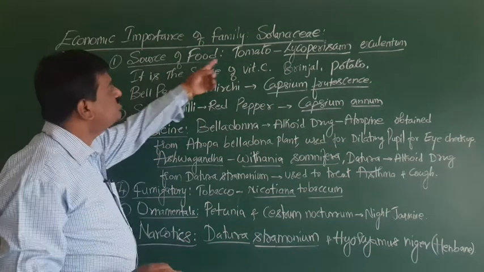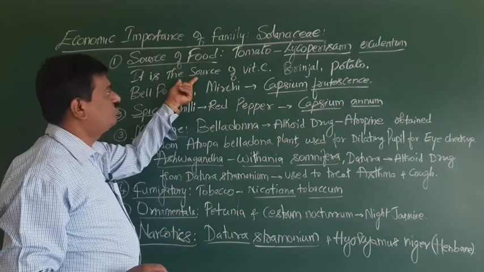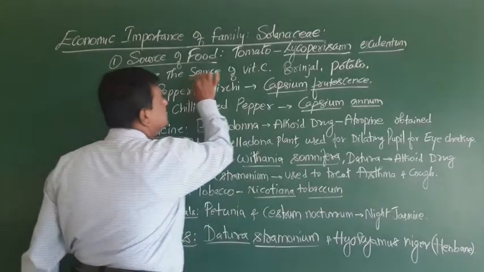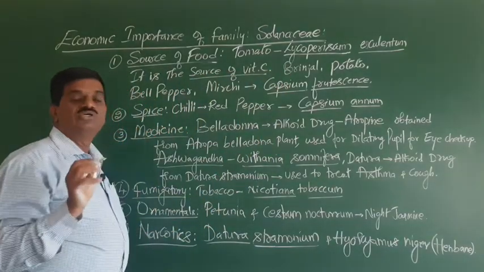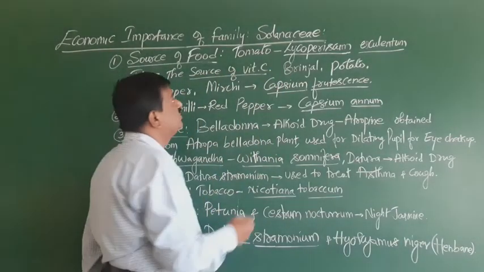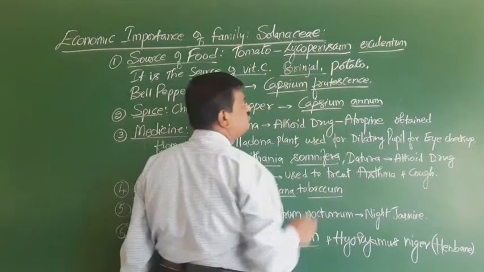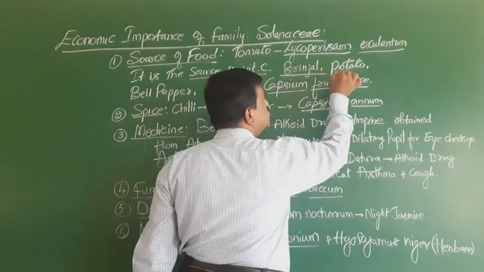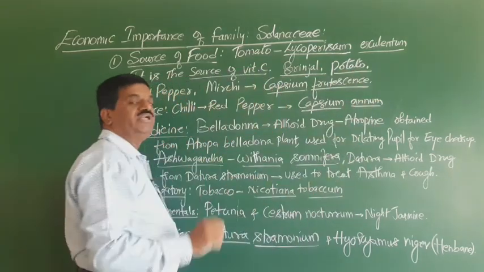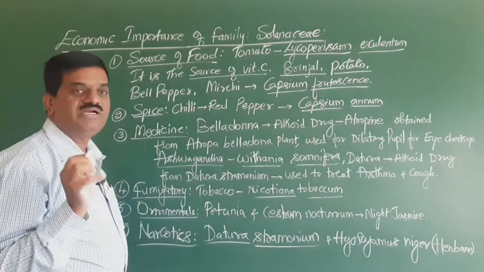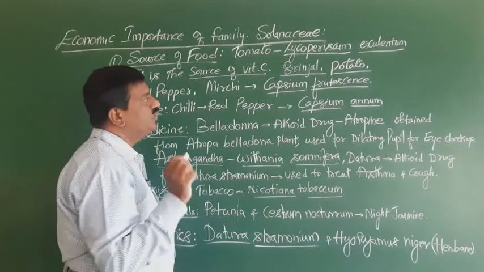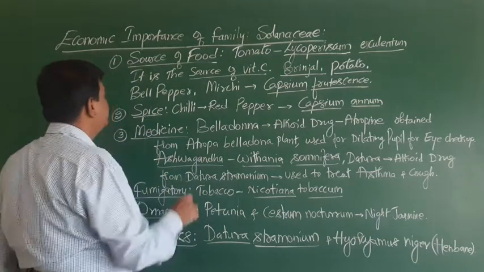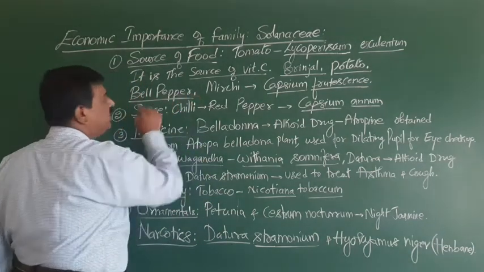It is a source of vitamin C. Even in this there is brinjal. Brinjal is again a berry, and it can be used. Next one is potato. Potato is nothing but a stem tuber, and even the potato is consumed. Next one is bell pepper.